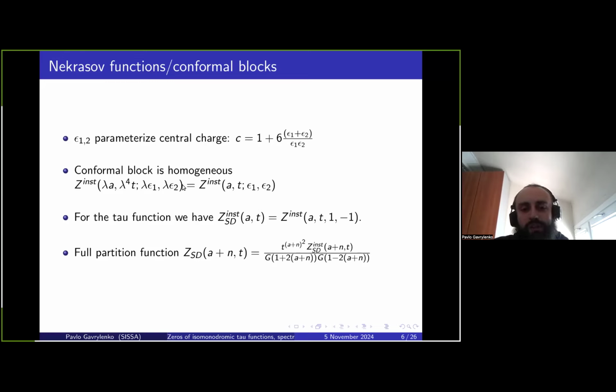And the dimension of these epsilons is an energy unit. It has dimension 4. It's also convenient, also for further considerations, to consider this product of all these terms, classical, one loop and instanton. So it's better to consider this expression, which I call just z of a plus n, t.